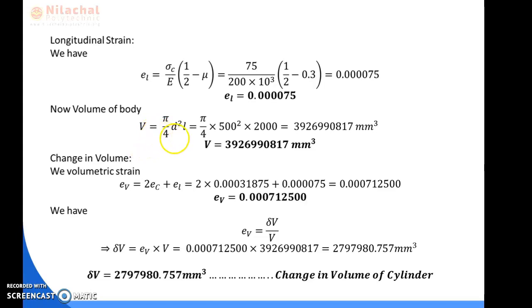Original volume of the body is given by the formula V is equal to pi by 4 D square into L. That is pi by 4 into 500 square into 2000, L as 2000, D as 500. After calculation, it is found that 3926990817 mm cube.